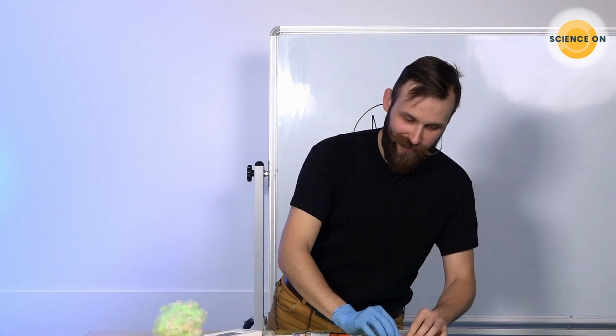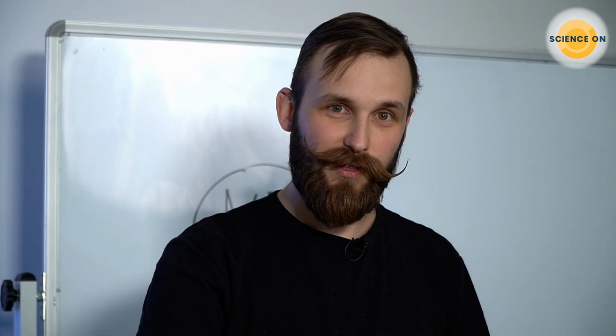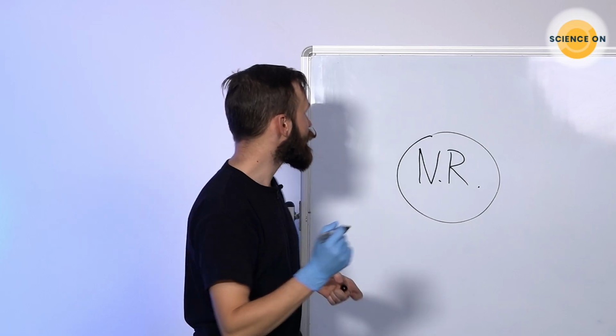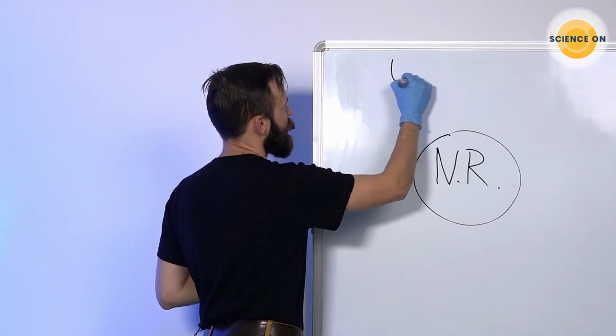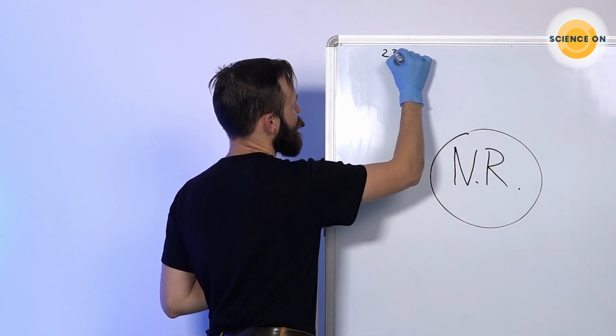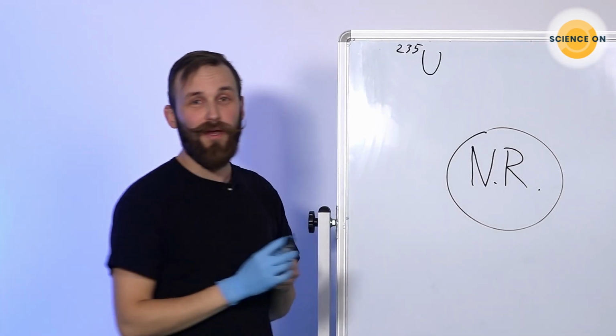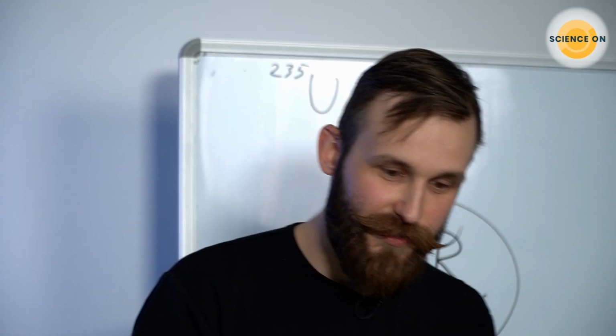But we need more of the second most common uranium, uranium-235. And this number means how many protons and neutrons are inside the nucleus.